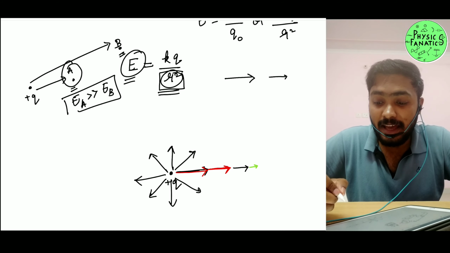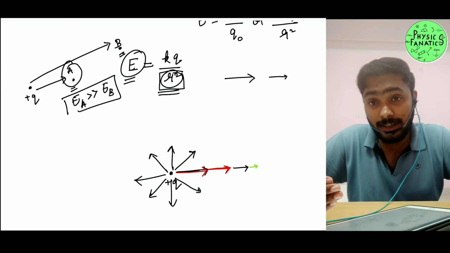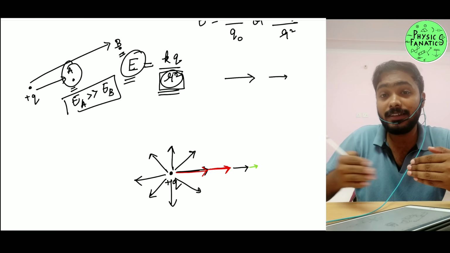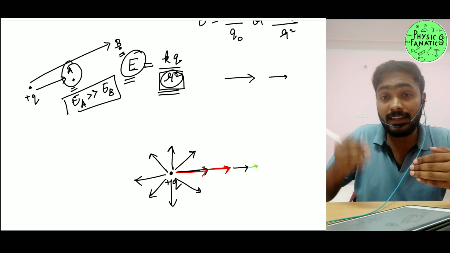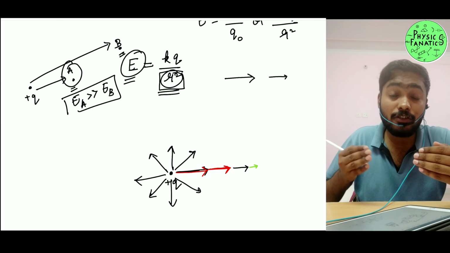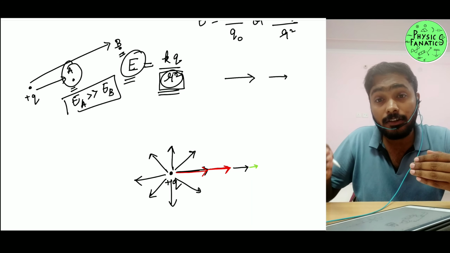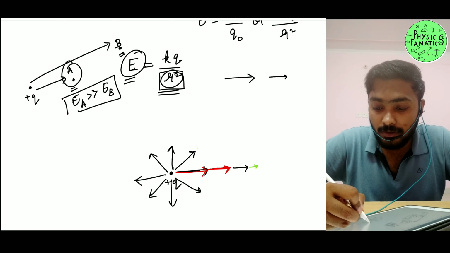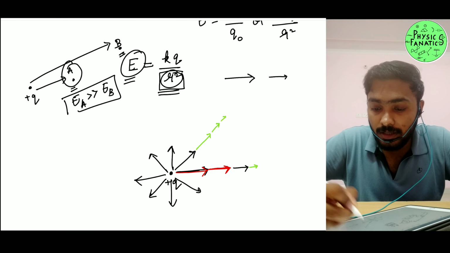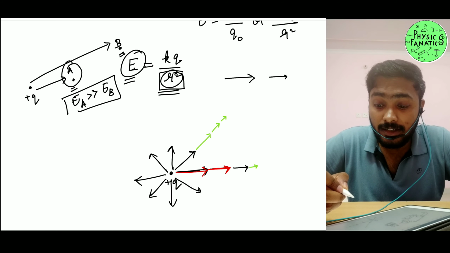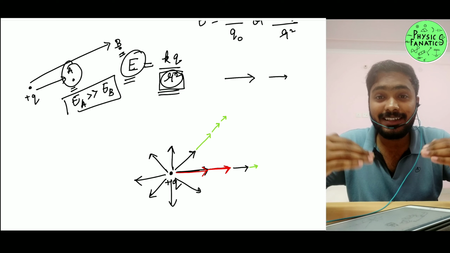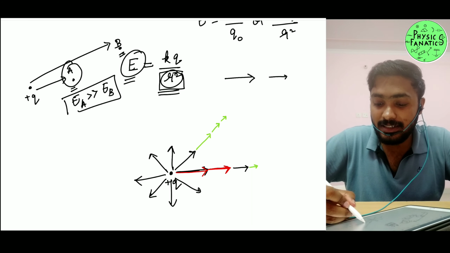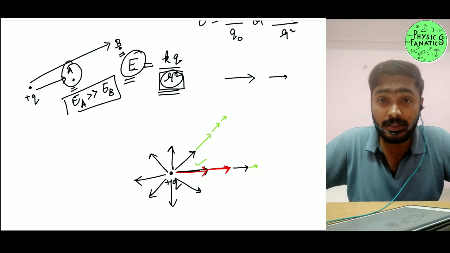So as you go forward in space, the intensity or magnitude of the electric field starts getting reduced. You can draw it for this one. As you go away, the magnitude is getting less. So this representation is your electric field representation.